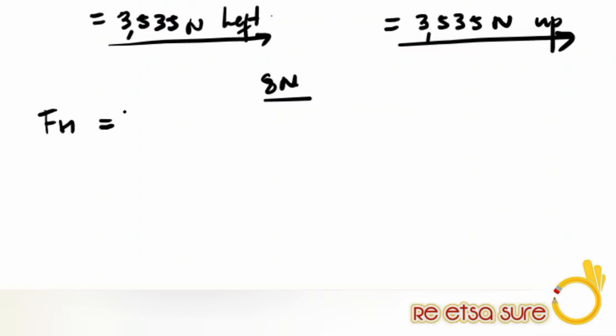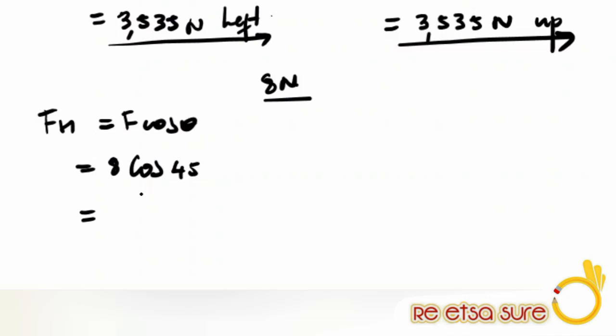F horizontal is equal to F cos theta. And then what is the value of F? The value of F is 8. And then cos, the angle that is given is 45. And the nice part is that the angle was measured from the x-axis.